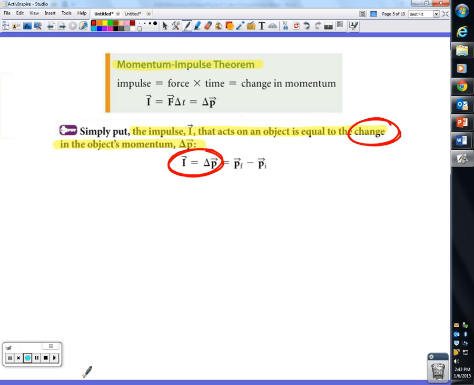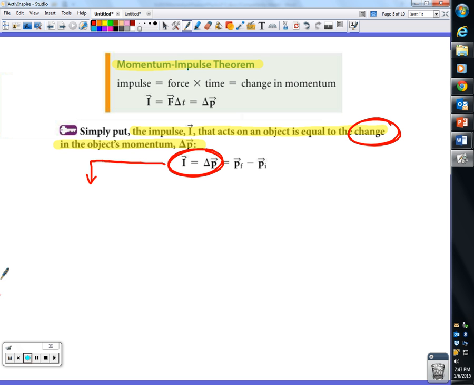This equation right here is a pretty simplistic mathematical representation of the momentum-impulse theorem. But it's not the most useful representation when we're trying to figure out things and analyze situations. So let's expand this a little bit. First, we just learned that impulse depends on two factors. Do we remember the two factors that impulse depends on?